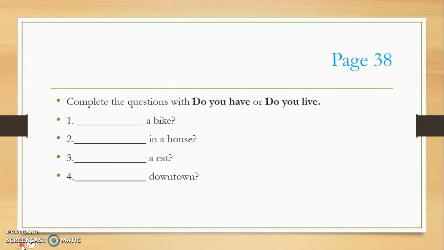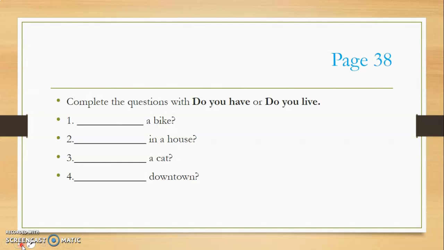We're going to be working on page 38 on the exercise number 2. Okay, which says complete the questions with do you have or do you live? Okay, for this activity, it's very important for you to understand that when we want to ask questions, we're going to use do you. Siempre que queramos hacer preguntas, vamos a usar do you, okay?